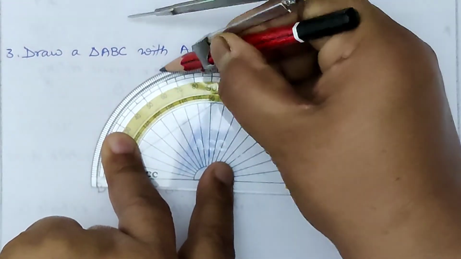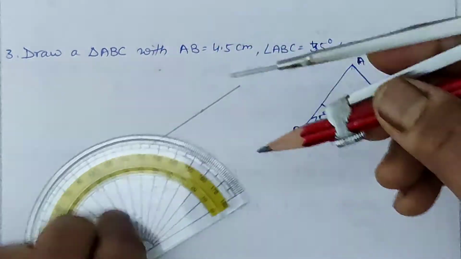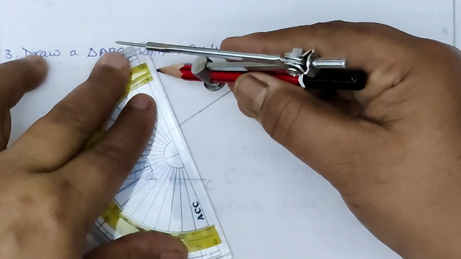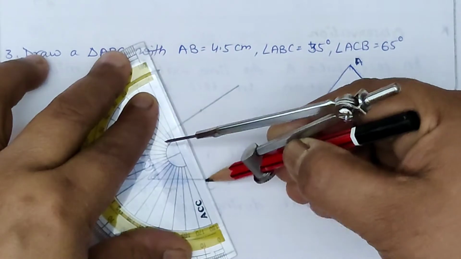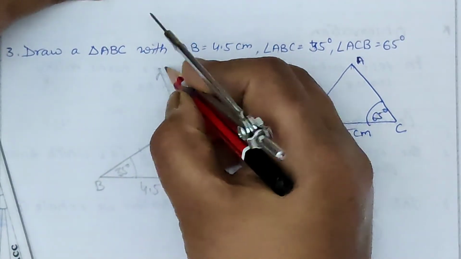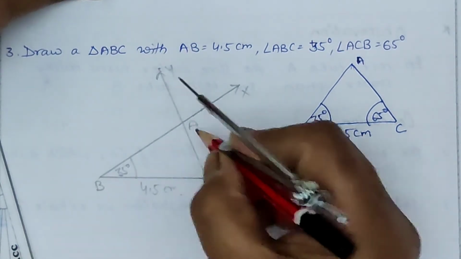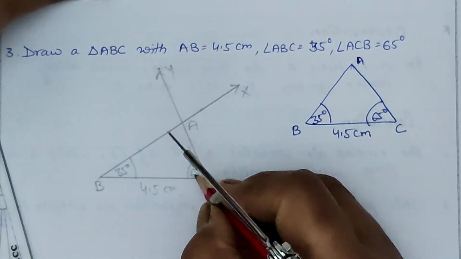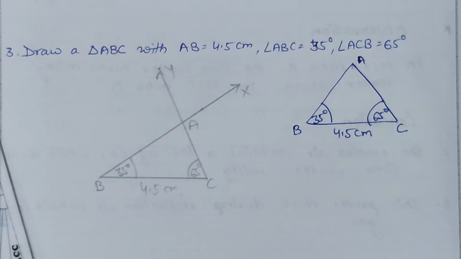Here is the 65 from 0 to 65. Okay, X, Y, this point A and is 65. Triangle ABC is the required triangle. Simple question.